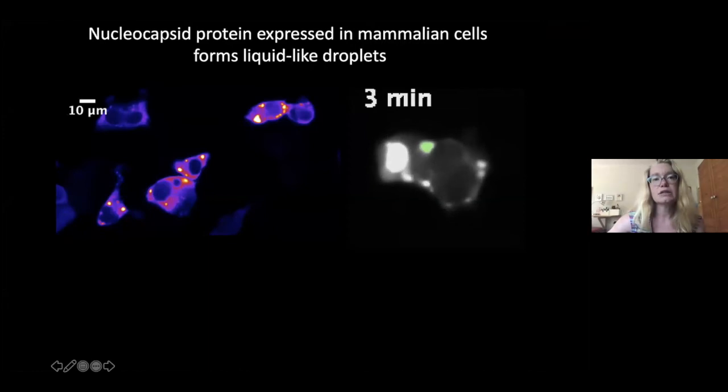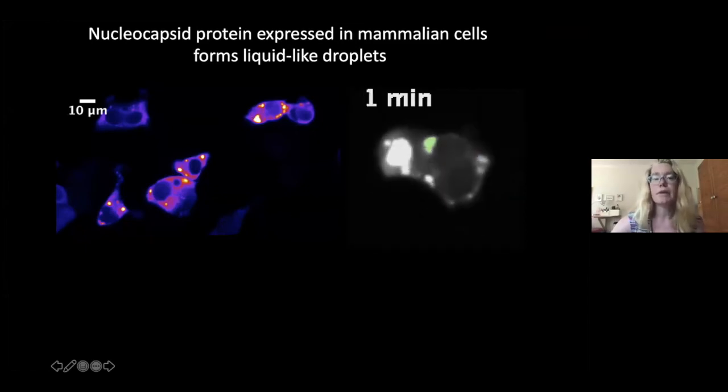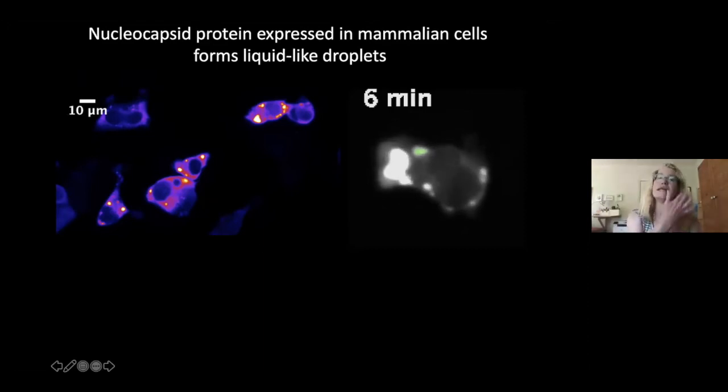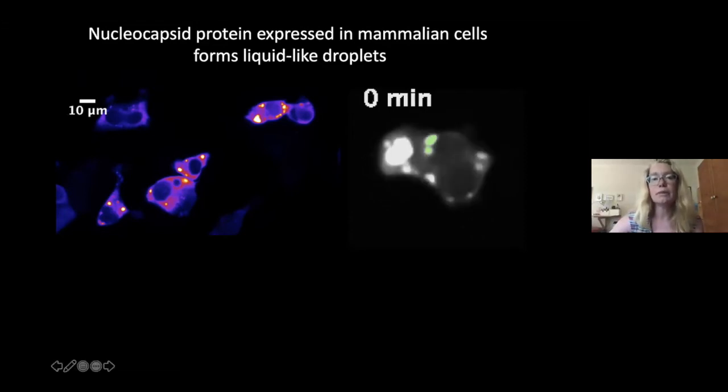When we express the nucleocapsid protein in mammalian cells, it also forms spherical liquid-like droplets that can undergo fusion and relaxation, indicating that they have the hallmarks of biomolecular condensates. We can also see that these form in a concentration-dependent manner.